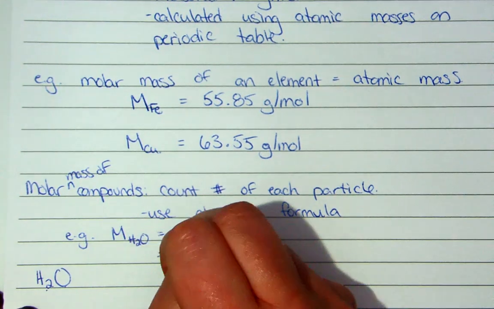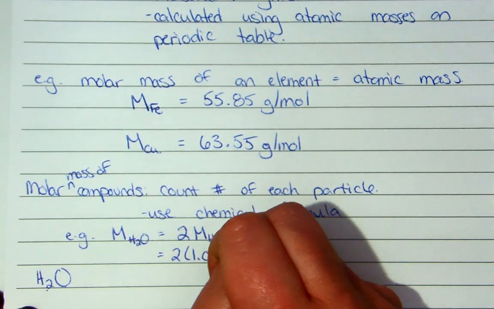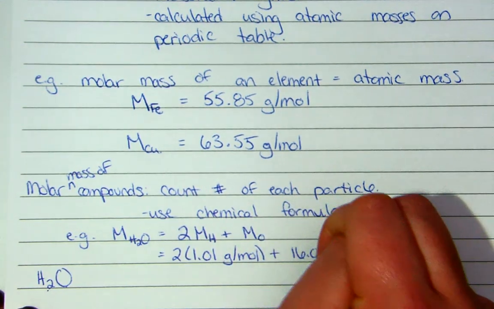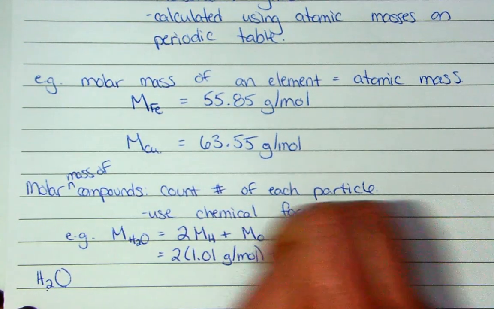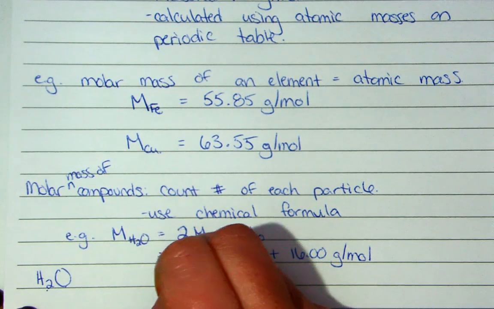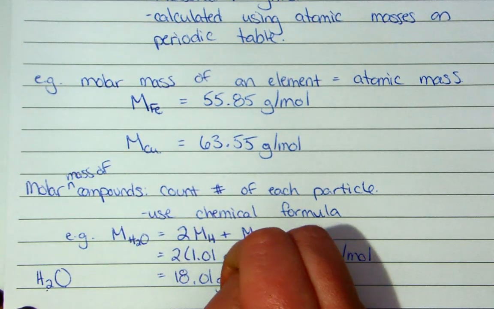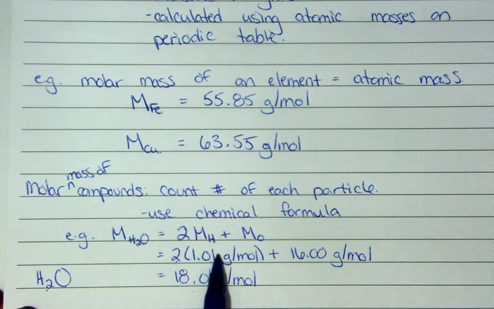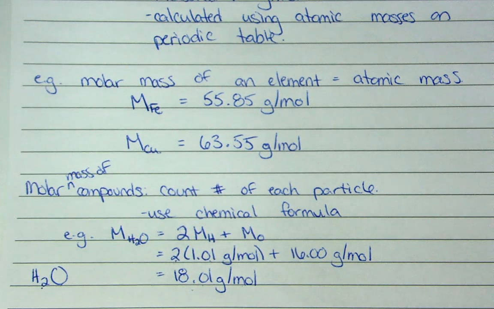So then I'll sub it in. 2 times 1.01 grams per mole plus 16.00 grams per mole, which gives us 18.01 grams per mole as the molar mass of water. My sig digs are intact. This is a counting number, so it doesn't count towards sig digs. Here we have 2 decimals, and we are adding, so we keep the lowest number of decimals.